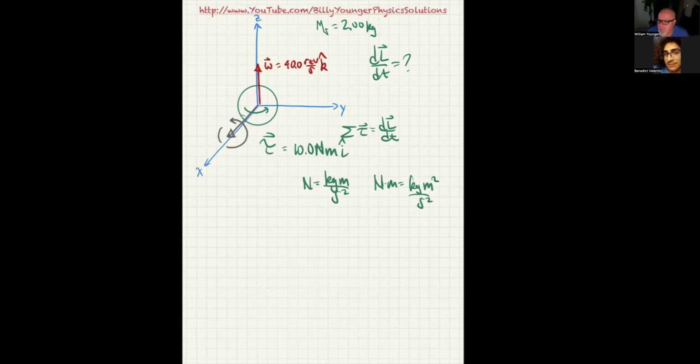Take a bowling ball to a bowling alley, get it spinning counterclockwise as seen from above, and then while it's spinning like that, try to twist it the other way and see what happens. If you start to tilt up like that, then all of a sudden it is going to take off down the aisle at some angle other than parallel to the lane.